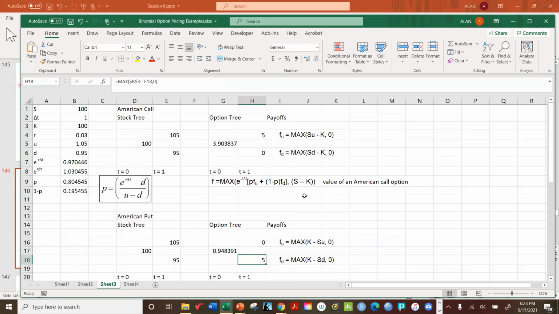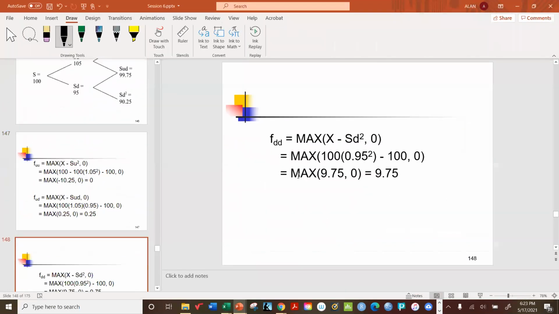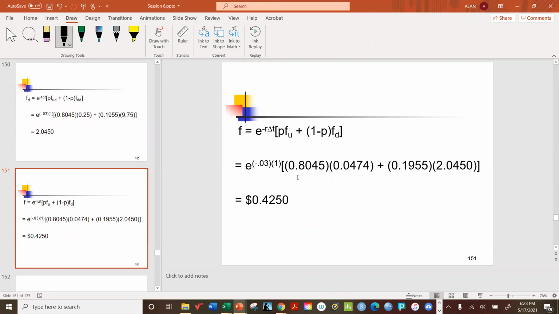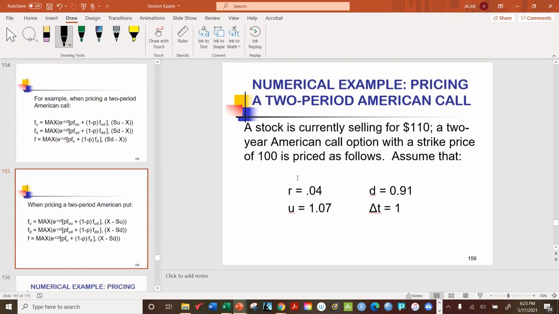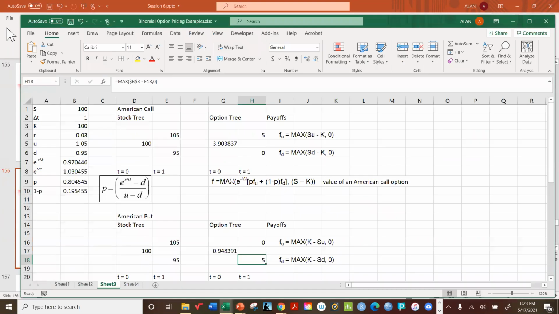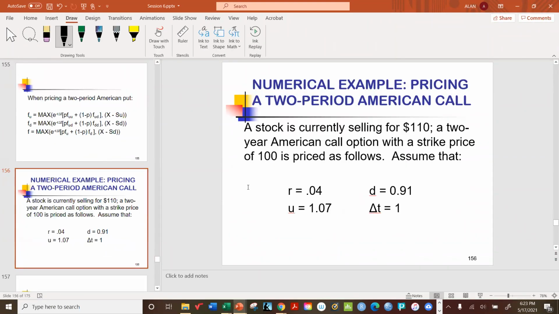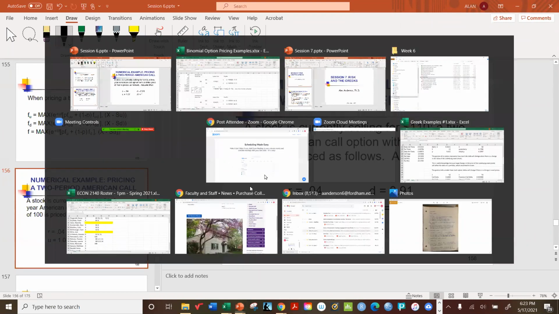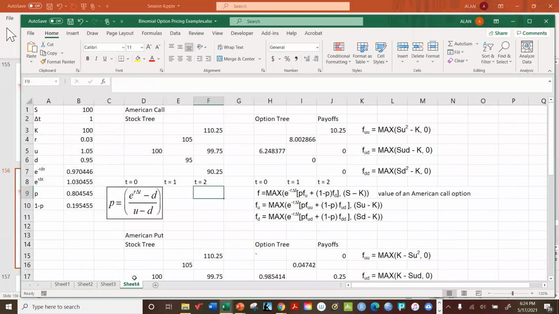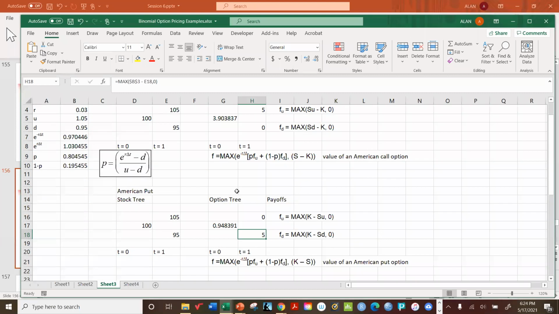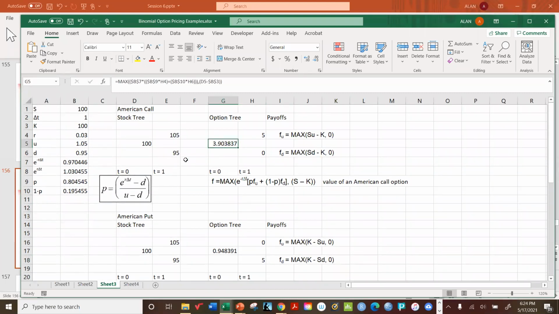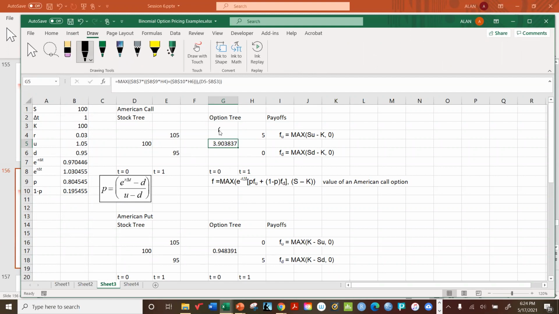So here's what we have to do. This is the logic behind what we're going to do. For all of the interior nodes, it's no longer enough to use this formula. Suppose we look at this point right here.